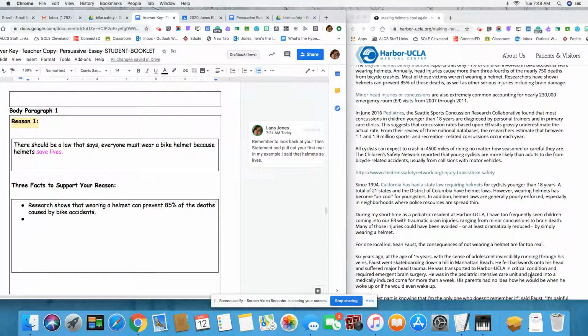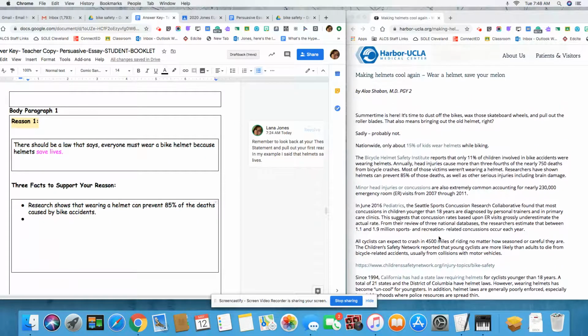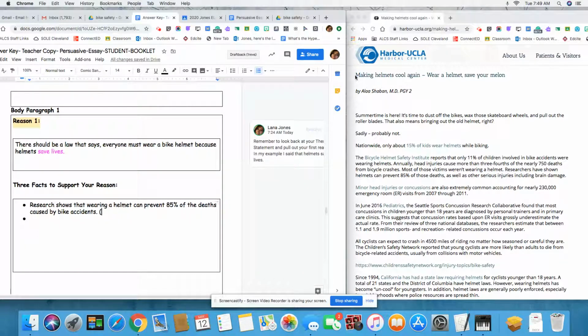Okay, now maybe you can only find 2 reasons from this article. Well, then you'll need to go into another article in order to pull out another fact. Okay, so I would, in parentheses here, because you might be using more than one article, put in the name of this article, because when we go to write the final paper, I'm going to copy and paste the name of this article.